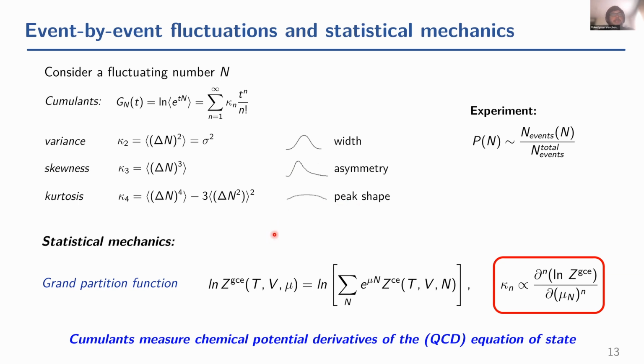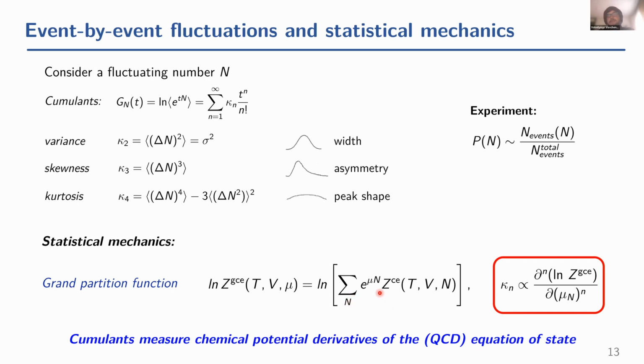But what is important here is that there is a very interesting connection to statistical mechanics and to the equation of state. If you look at the structure of the grand partition function in the grand canonical ensemble, it has a generic structure which is more or less identical to the structure of the cumulant generating function. You have this log, you have the sum over all possible values of n, which would be a conserved quantum number.